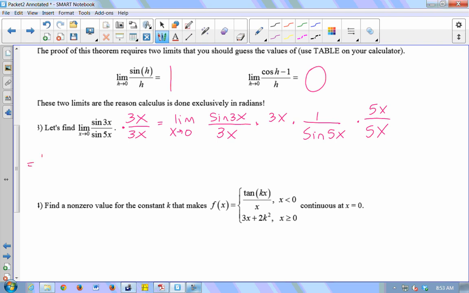So I now have the limit as x approaches 0 of sine 3x over 3x times 3x times 5x over sine 5x, right? So I moved this 5x into my numerator here, but then I still have a 1 over 5x.